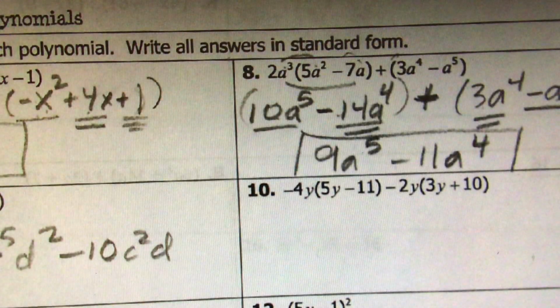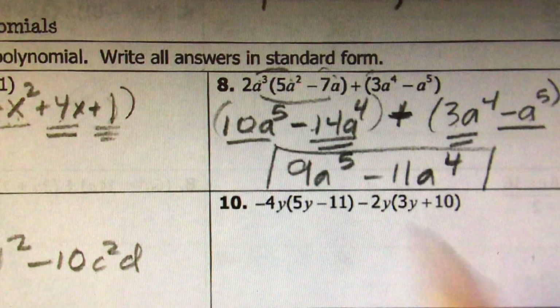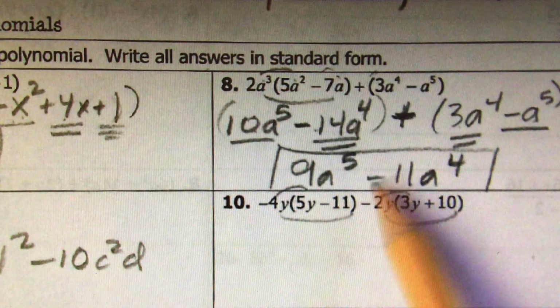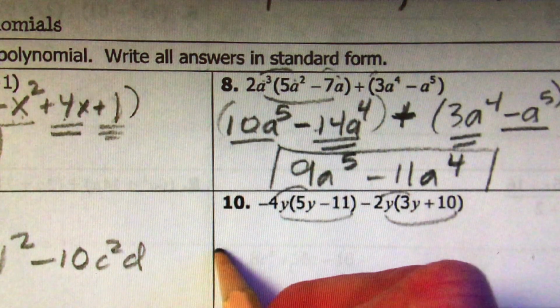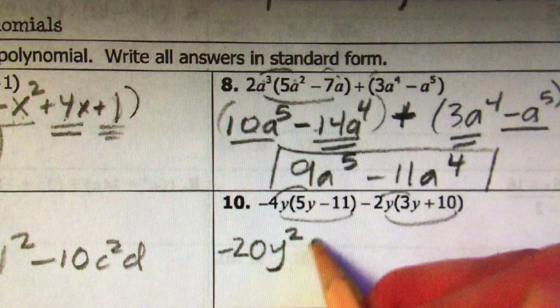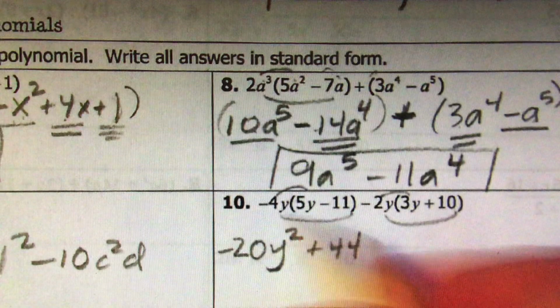Let's see what we're doing in 10. Looks like we have a double distribution bonanza. So I'm winking, smiling, winking, smiling. I got a subtraction sign here, so let's go ahead and distribute this out. On the left side, I have negative 20y squared. I have an addition sign, because 2 negatives, 44y.